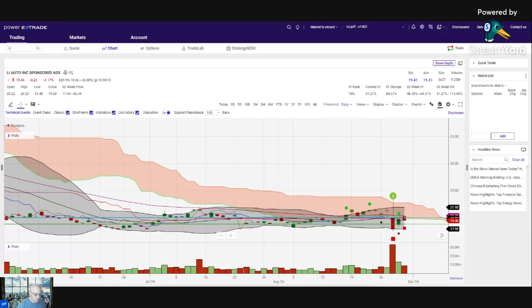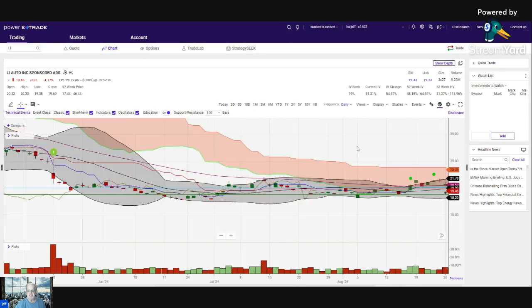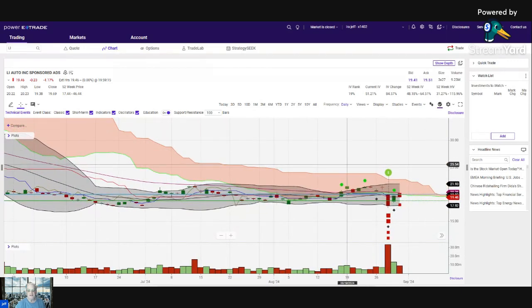So first, bring up a chart with the Ichimoku clouds like this. Now I'm going to get rid of all of the other indicators on my chart right now.